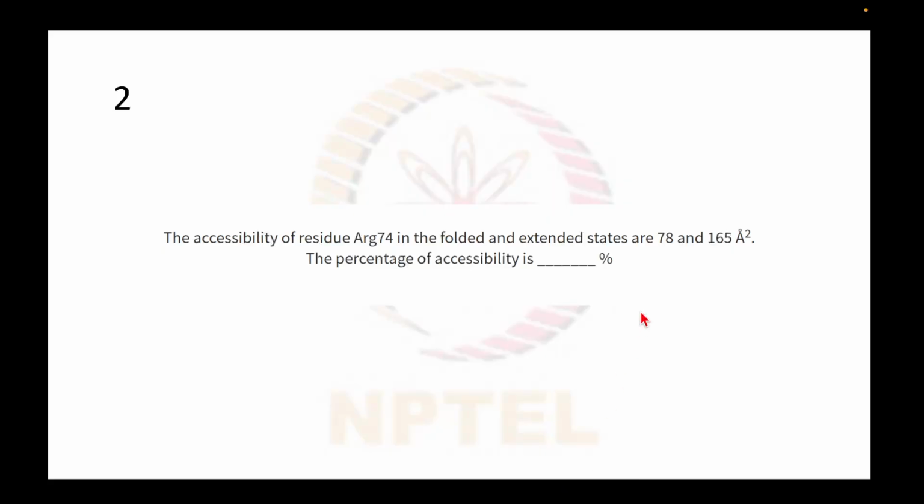Given individual accessibilities in folded and extended state, the percentage of accessibility is calculated as folded state accessibility divided by extended state accessibility.